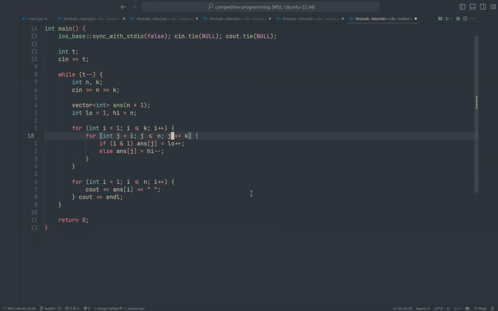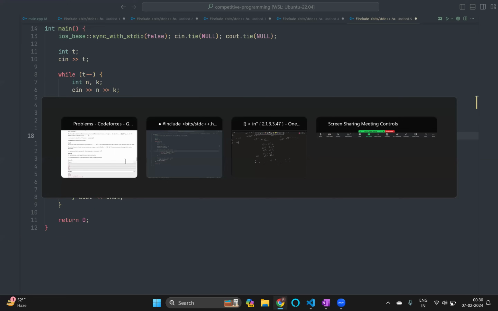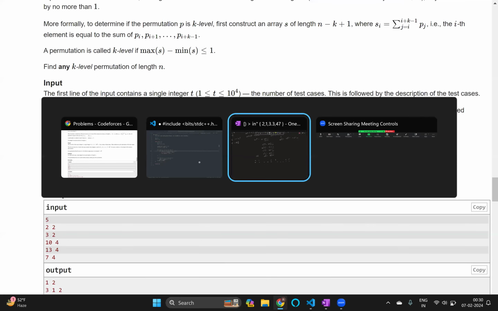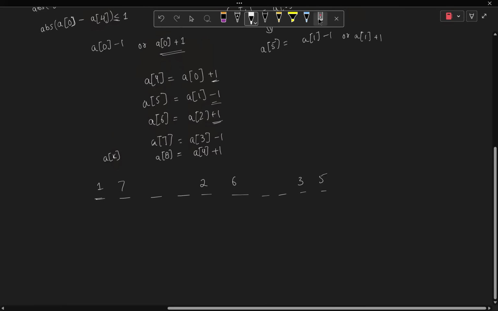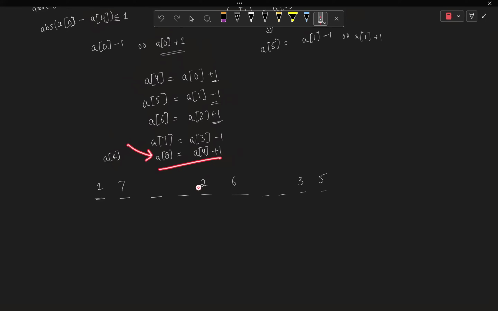I'm printing elements in this way: one is printed at the first place, then I'm printing 2 after k indices, then 3 after k indices, which I noticed from here. a of k was equal to a of 0 plus 1. a of 2k was equal to a of k plus 1. Similarly, if n is very huge, a of 3k, which is a of 12, will also be equal to a of 8 plus 1.